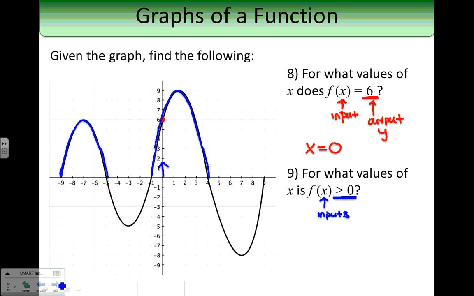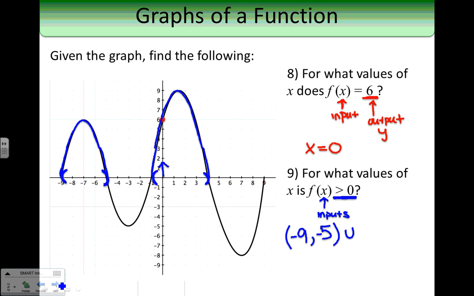Well, right here, this little bump of values greater than 0 go from -9 to negative 5. Okay, so the x values are negative 9 to negative 5. The x values are inputs that give me outputs greater than 0, and the second area are from negative 1 to 4. So we would say the values of x range from negative 9 to negative 5.